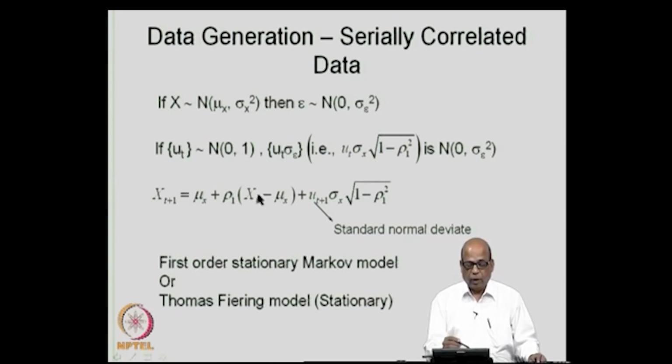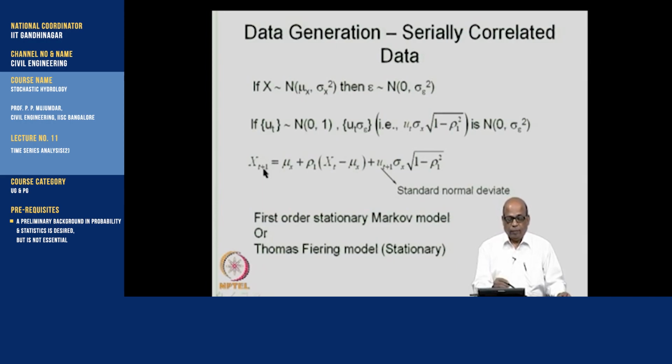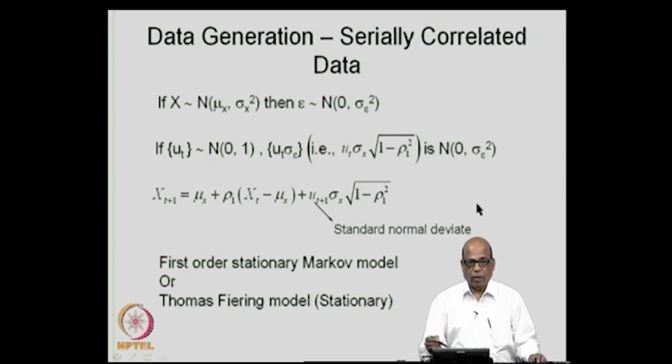So, first you assume x 1 and typically it is assumed to be equal to mu x itself, the mean which is known, so that this term becomes 0. Then take the standard normal deviate from your tables or any spreadsheets that give these normal deviates straight away, or you can use your calculators to get uniformly distributed random numbers and then convert them into normally distributed random numbers, or you simply write a very simple MATLAB code, a MATLAB function, to generate standard normal deviates.